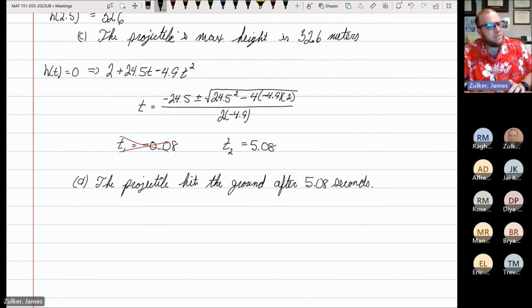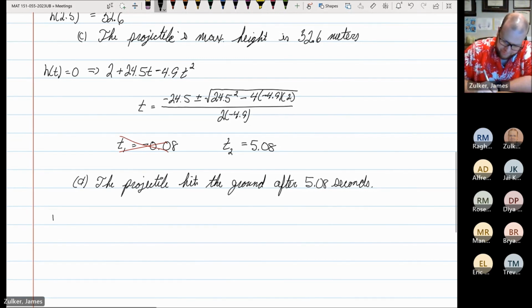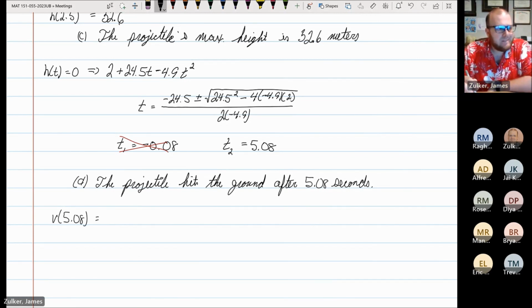And finally, they wanted velocity when it hits the ground. Right, that's 24.5 minus 9.8 times the 5.08.